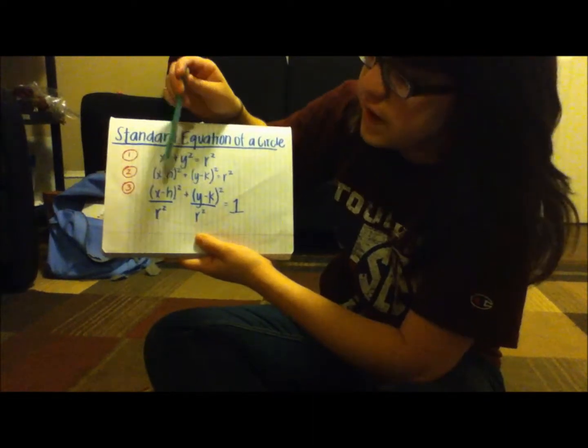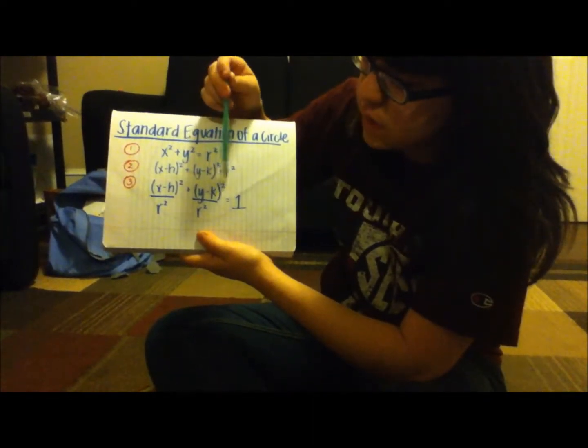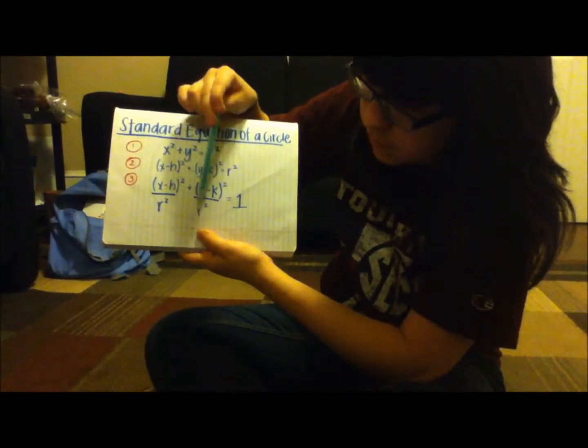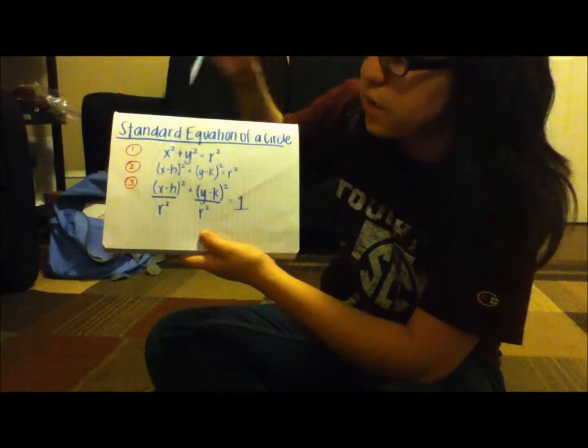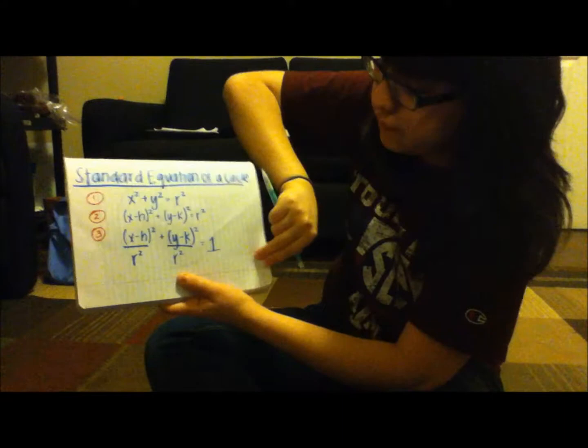Or you can also write it as x minus h squared plus y minus k squared, all over radius squared, which equals 1. So these are just some different ways in which the equation of a circle can be written out.